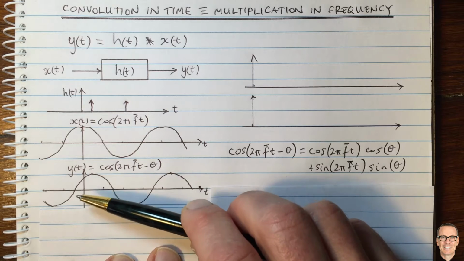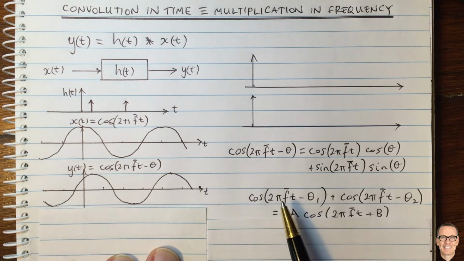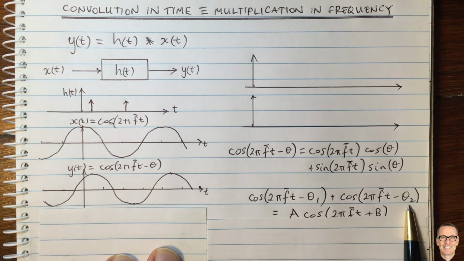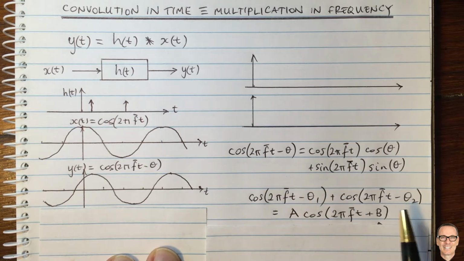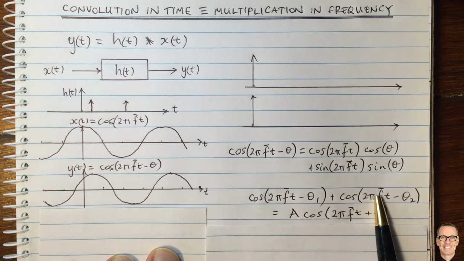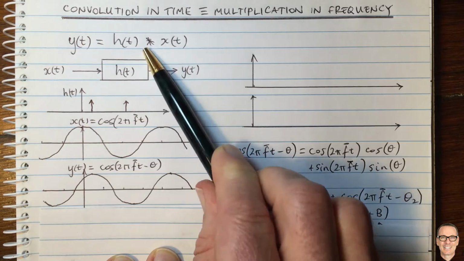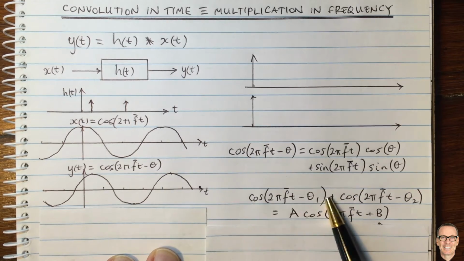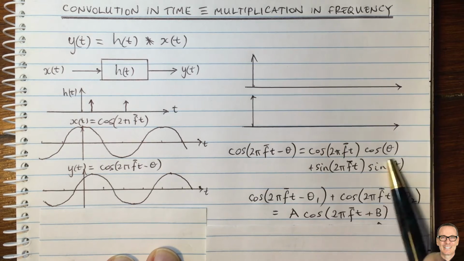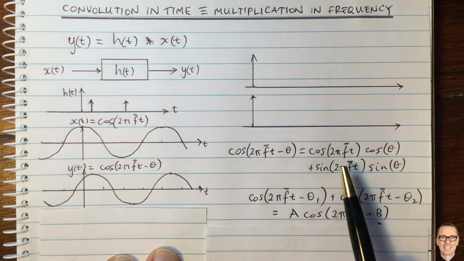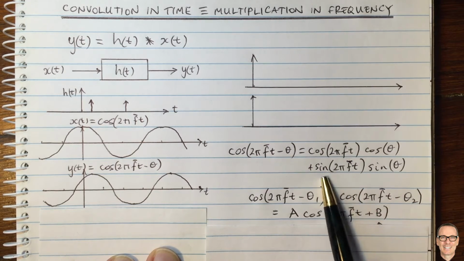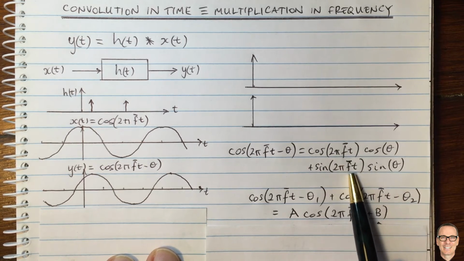Well, no. The addition of two different cos waves with two different phases is still a sinusoidal wave at the same frequency. So for example, here with theta 1 and here with theta 2, when we add them together, because it's a linear process in the convolution, we could write each one of these two in the form above, and then you can see that the only oscillating components are cos and sine waveforms at the frequency f bar.